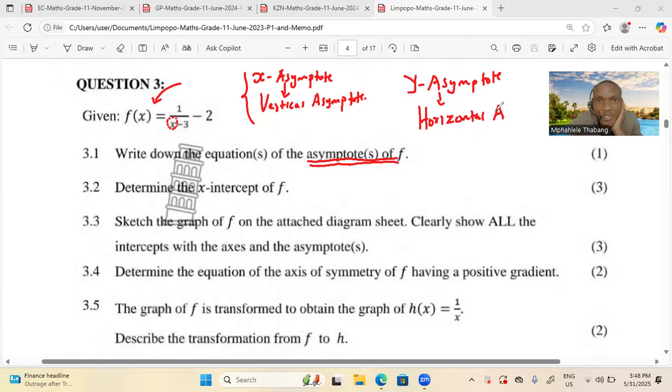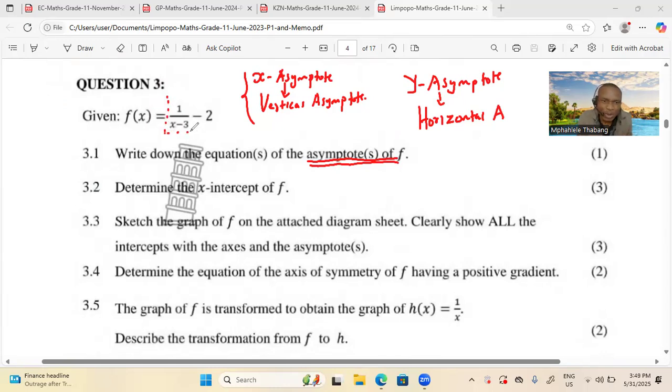So how do we find the equation of the asymptotes? To find the x asymptote, you are going to equate the denominator to 0. Look at the function f of x. What is my function f of x? f of x equals 1 over x minus 3, minus 2.